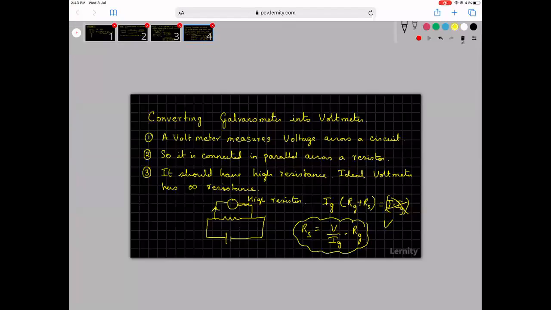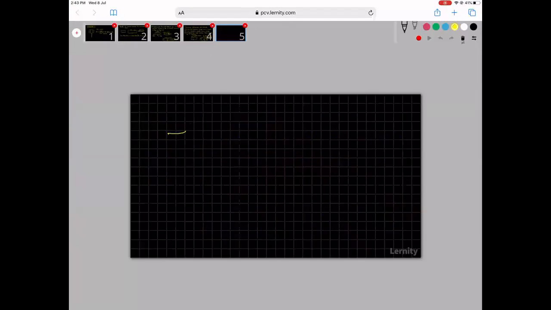Okay, here is the fourth slide now. Is this visible? Now this is a resistor which is connected to a battery. Suppose this voltage is V, there is a resistance here. Now you connect the galvanometer here in parallel, with a resistance R connected in series to it, so that when you pass a current, suppose you want to measure V volt, the maximum current Ig passes through the galvanometer, and I minus Ig goes this way.